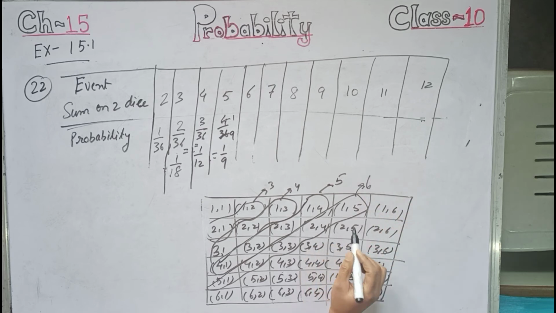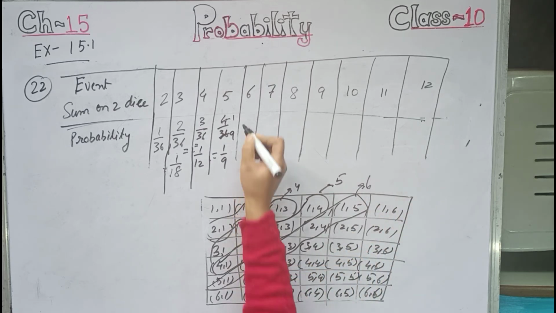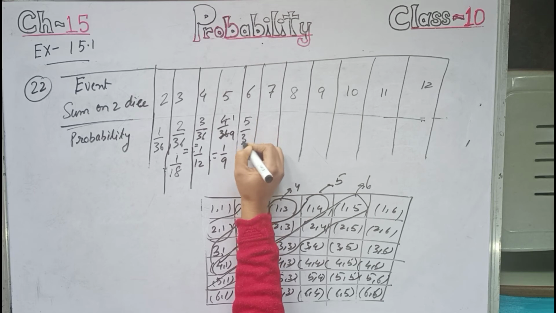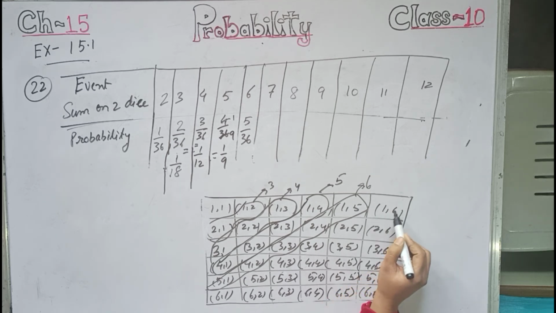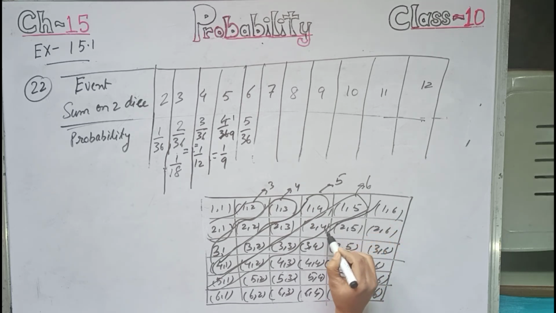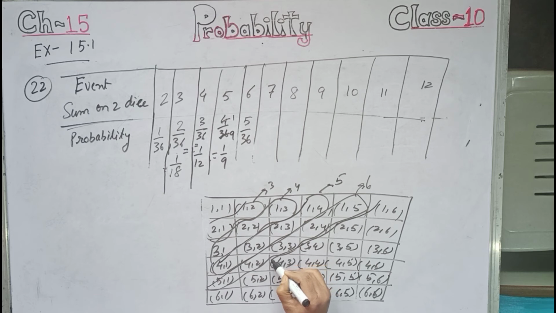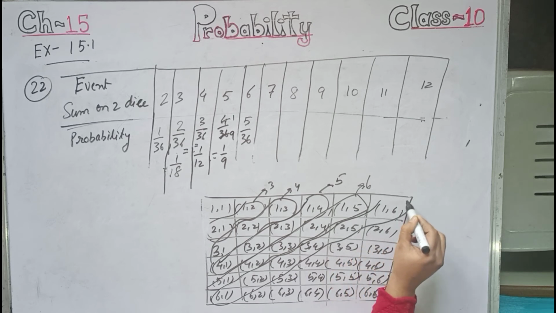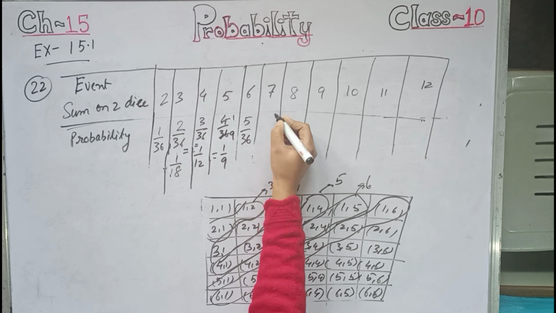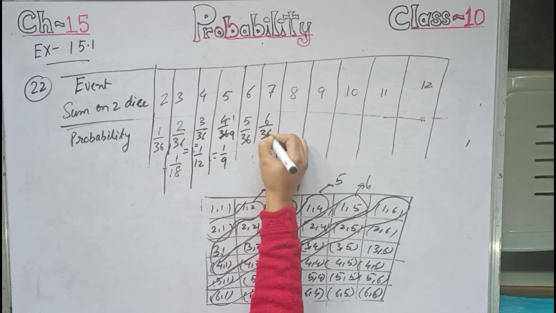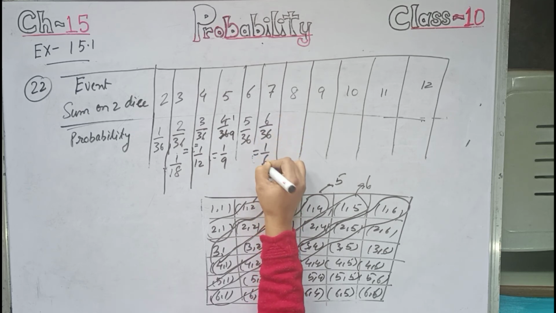So 1 2 3 4 5. This is 5 by 36. Now sum as 7 is this one. So 1 2 3 4 5 6. So 6 by 36, which equals 1 by 6.